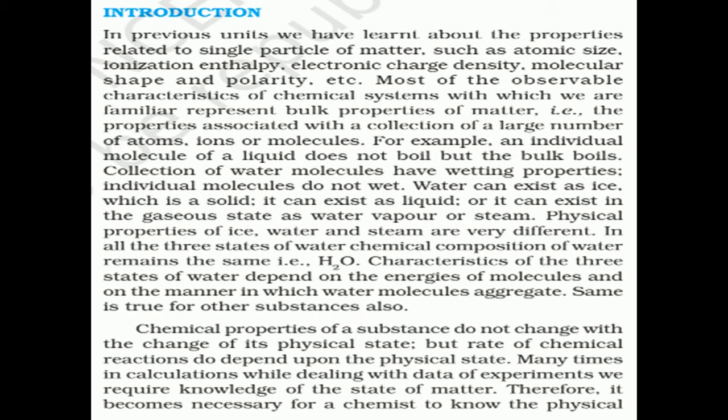The shape of a solid can be changed, but it usually requires considerable force. So therefore, solids are generally hard and rigid. And some common examples are iron, silver, common salt, etc.